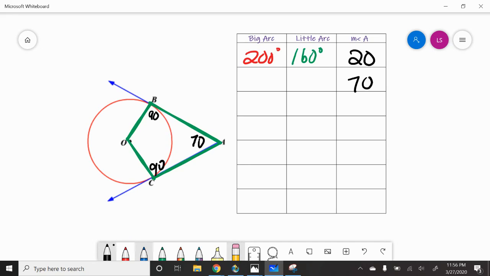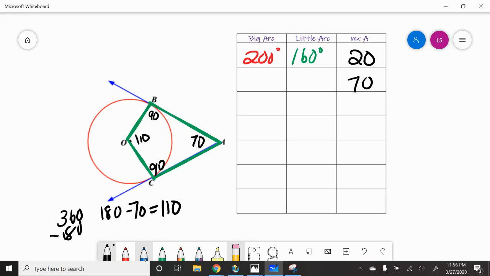This is 90. So what's left for that angle? Well, again, quadrilateral, the angles add up to 360. The 90 and 90 is already 180. So that leaves us with 180. And then take away 70, and that gives me 110.